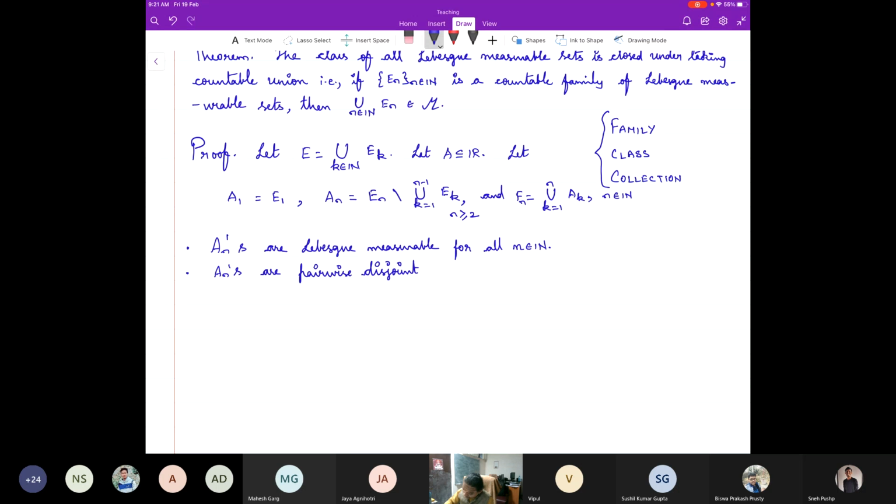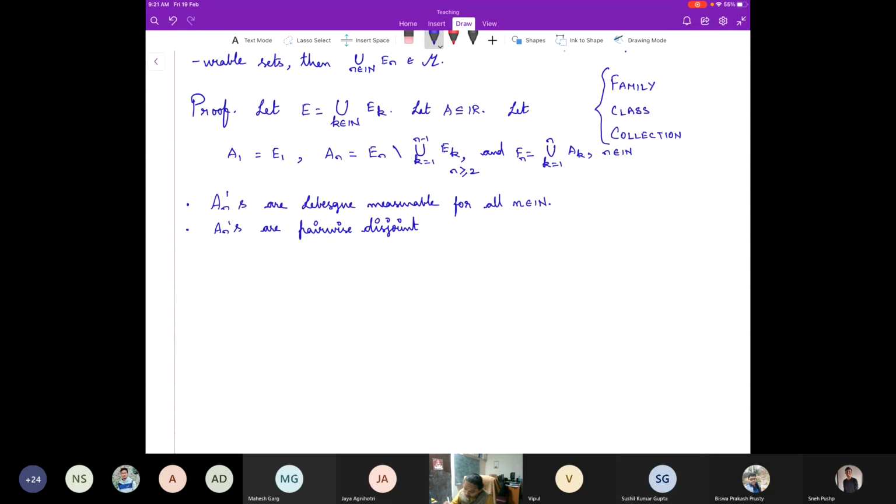Not only that, they are pairwise disjoint and, yes, so what will be the union?